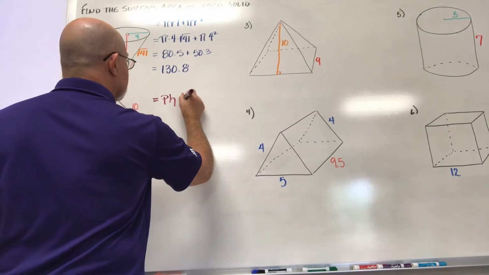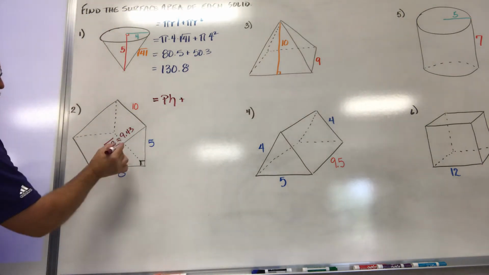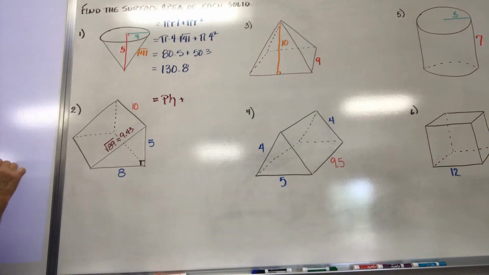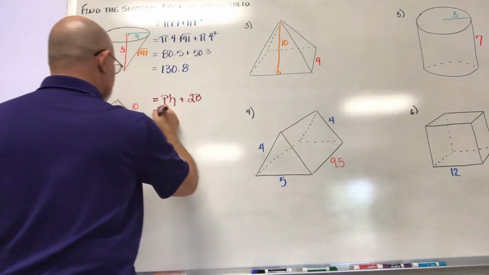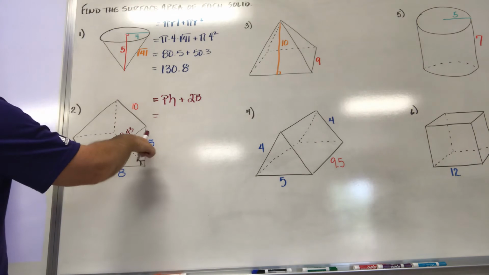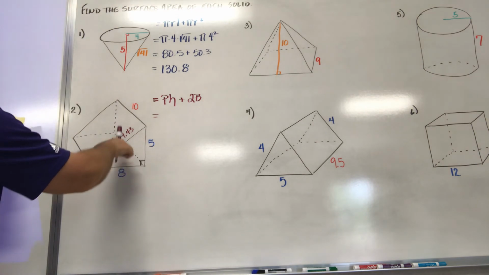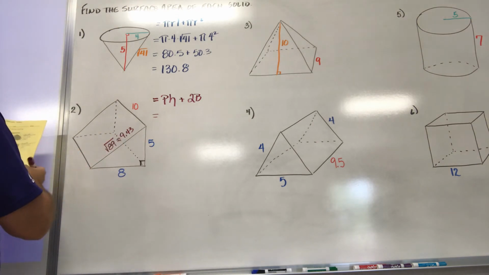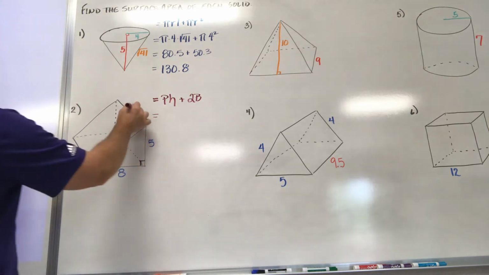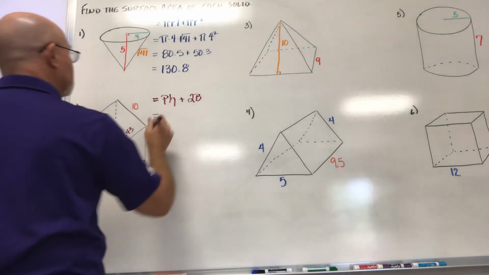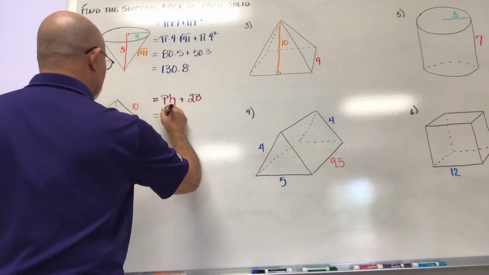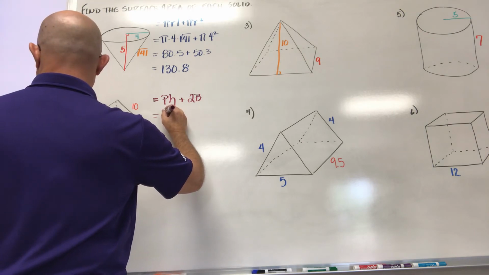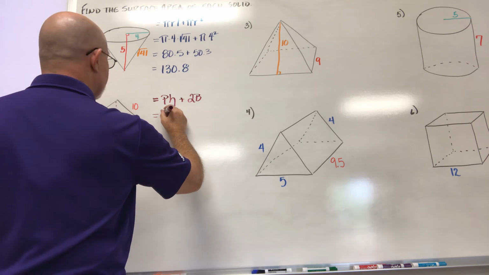So we've also got to deal with one base here, one base back there. The perimeter is 5 plus 8 plus 9.43, and that's going to be times the 10. That's going to end up being 224.3.